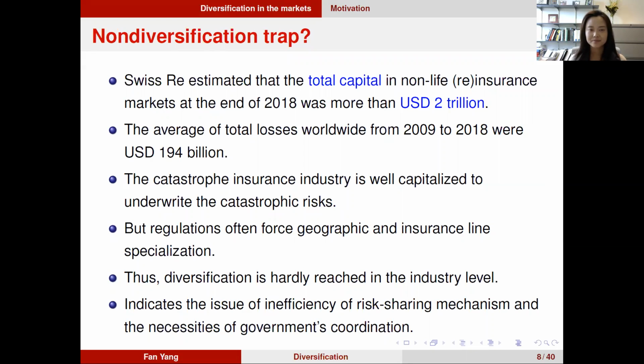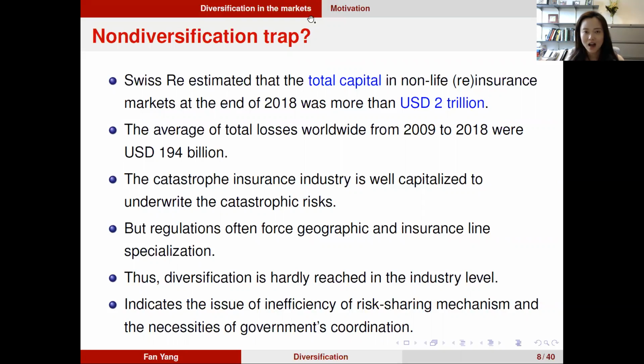First, there's a phenomenon called the non-diversification trap. That means in the market, the insurers, the participants, cannot really find an optimal position. They cannot really diversify their risk. That's why they do not want to participate in the market. That's called the non-diversification trap.